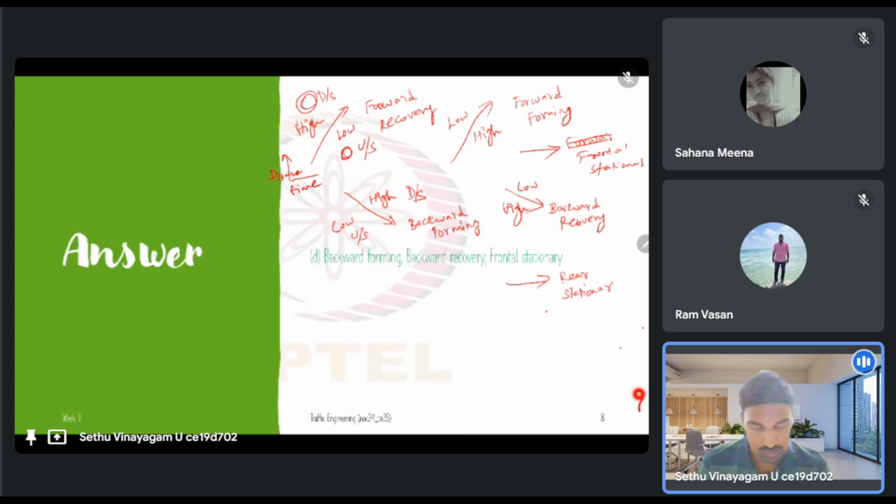So for the stationary case alone, how will we say whether it is frontal or rear? If you have a stationary shock wave and you have low on the downstream side and high on the upstream side, this will be frontal. The reverse, if you have high and low, this will be rear.